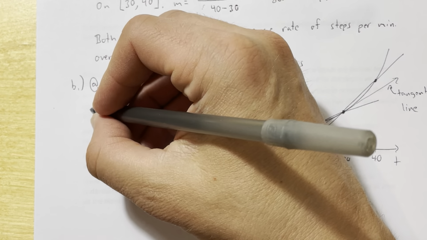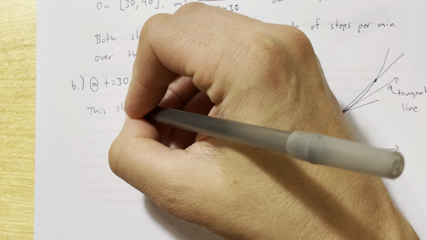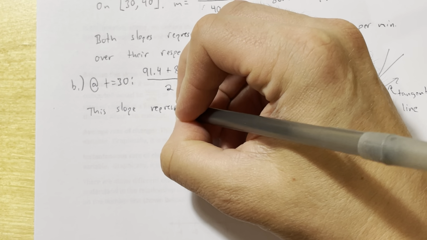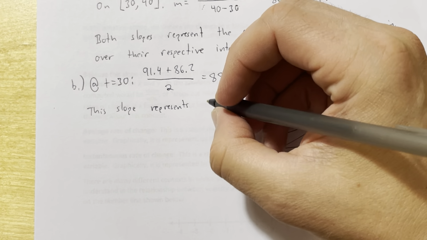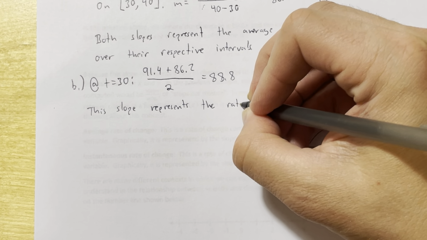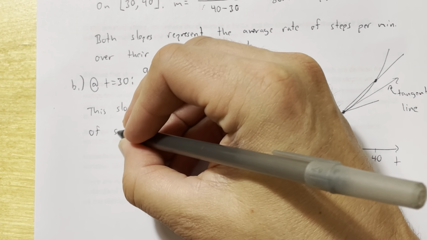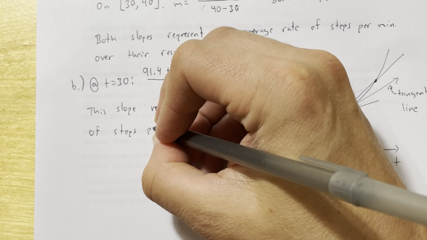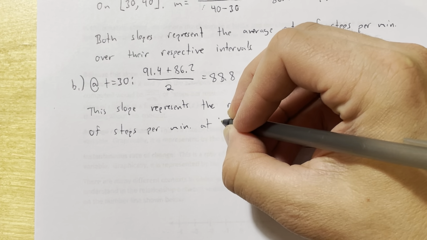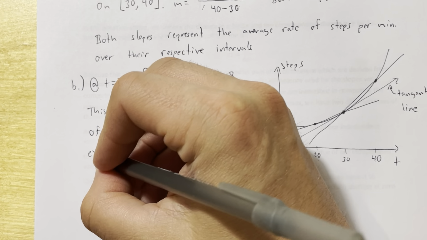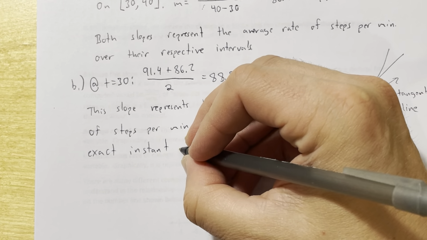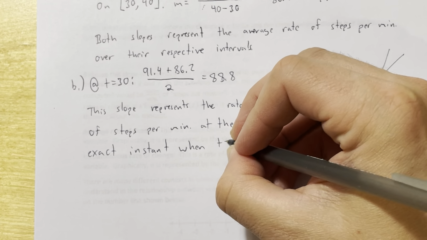Well, this slope represents the rate of steps per minute at the exact instant when t equals 30.